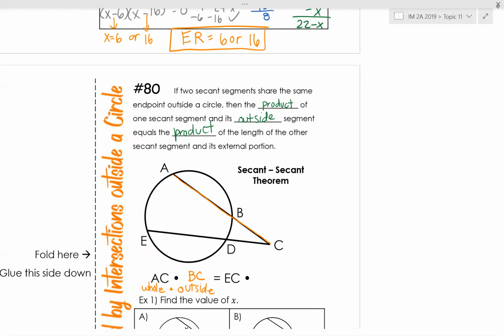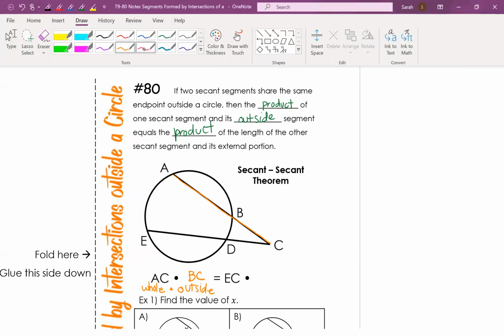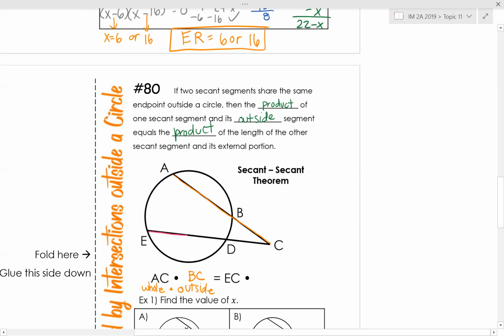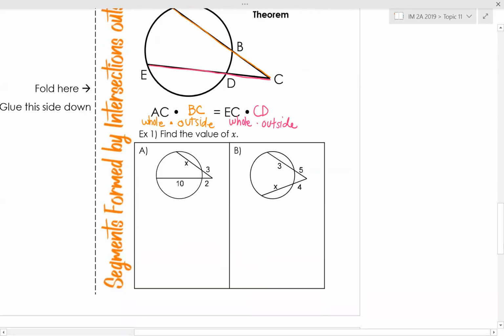Okay, so then for the other segment, I have the whole line, EC, and I'm going to multiply that times the outside of the line, which is CD. So that is the secant theorem. Whole times outside equals whole times outside for these problems.